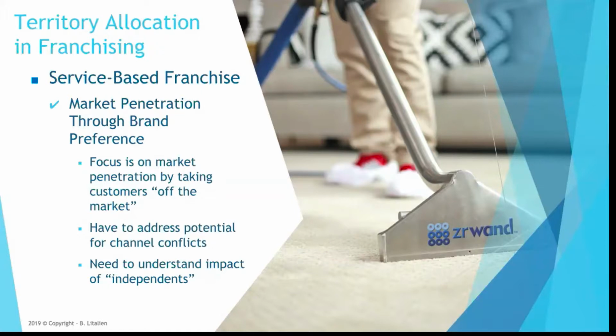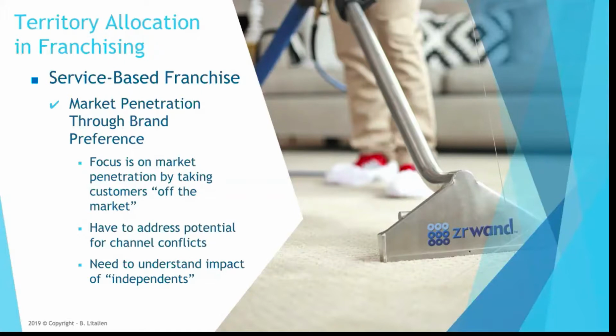So in the service-based franchise, think about creating a formula that you can apply data to and that you can get smarter with every new franchisee and every transaction that they have. Your formula is going to get better and better at predicting what the proper size of the territory should be.